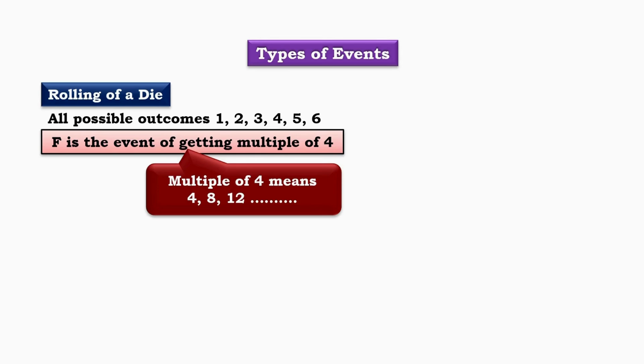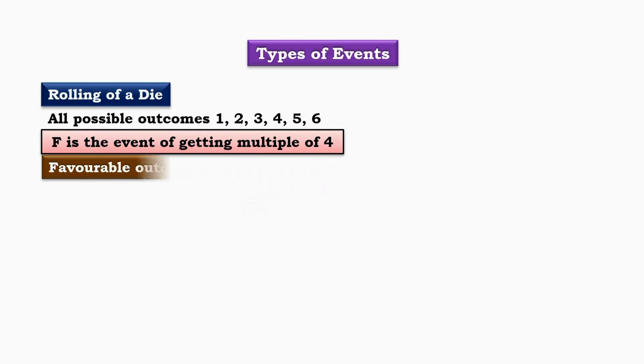So out of the possible outcomes, the favorable outcomes to F are only 4, because 8 and 12 are not there.